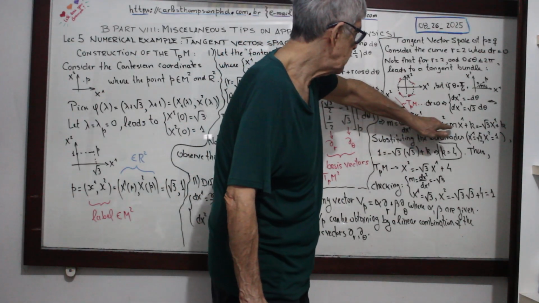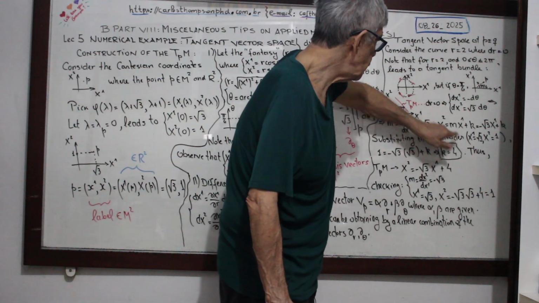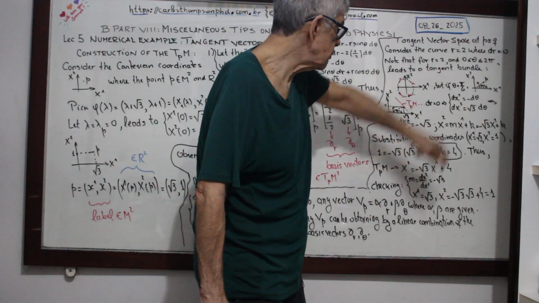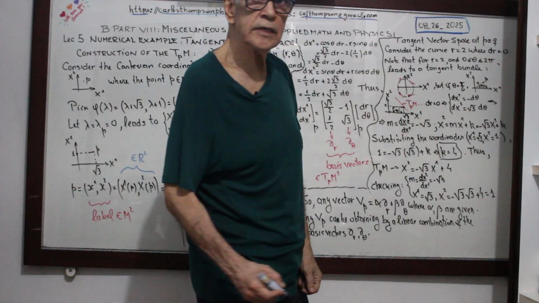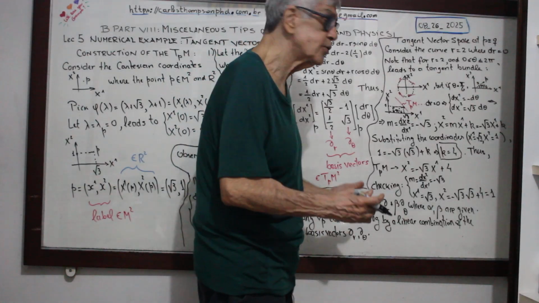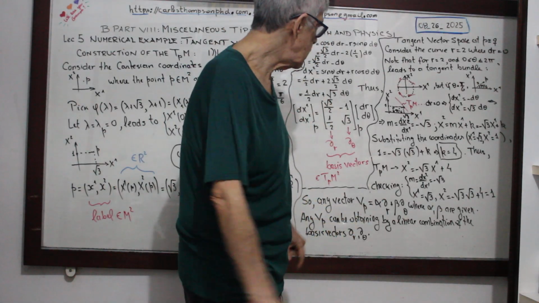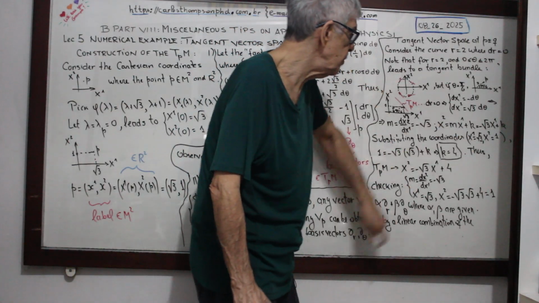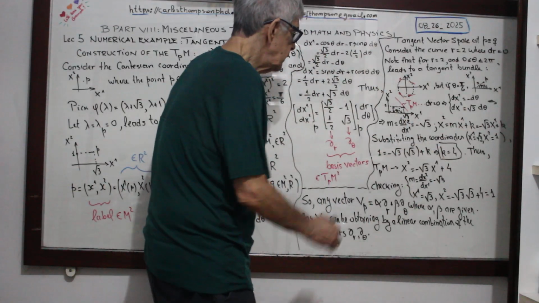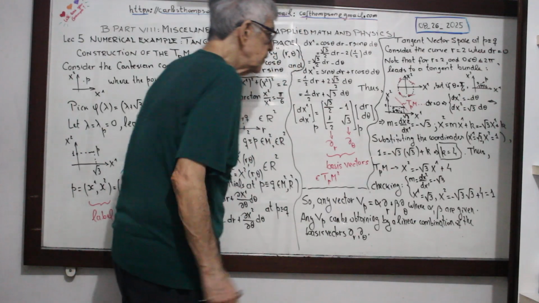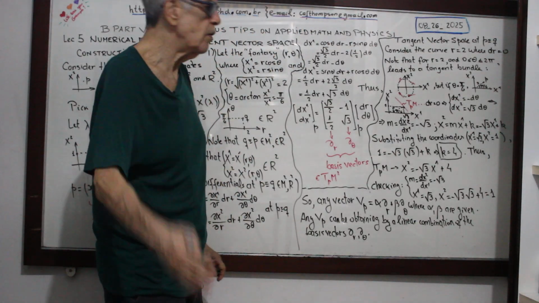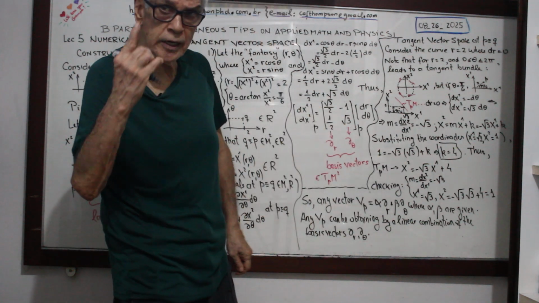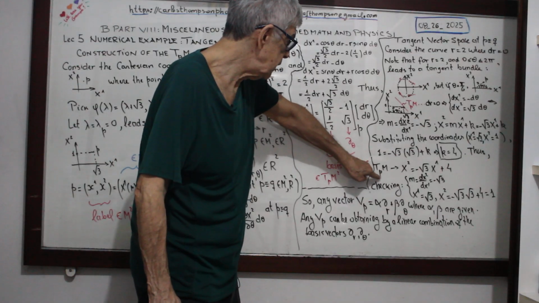So x2 equals m x1 plus k, where m, already calculated, is minus square root of 3, so x2 equals minus square root of 3 x1 plus k. Now I need to obtain k, so I substitute the point P to calculate k. Substituting the coordinates x1 square root of 3 and x2 equal to 1, I obtain the linear coefficient k.